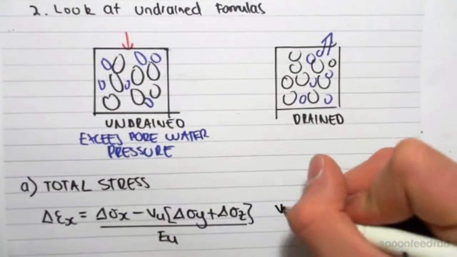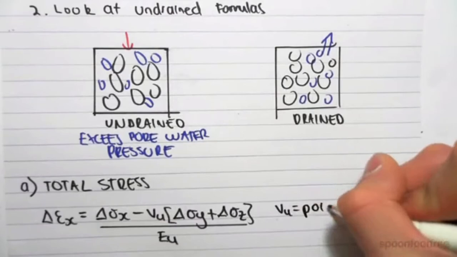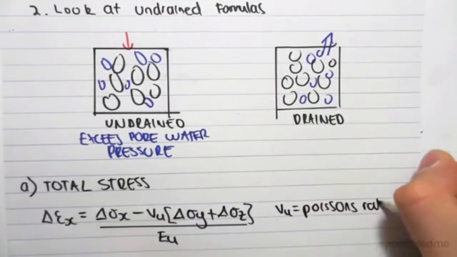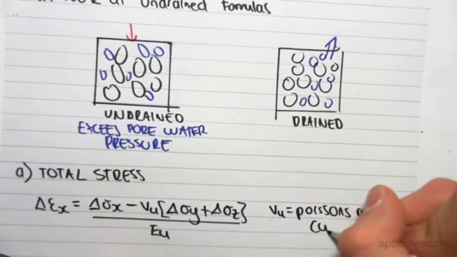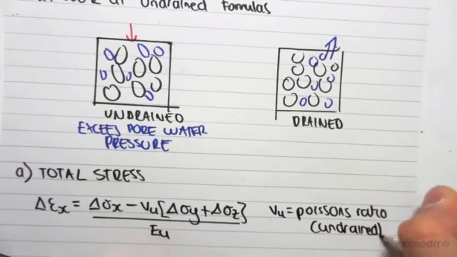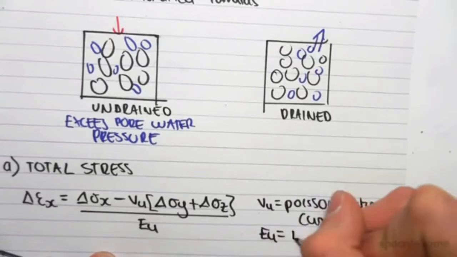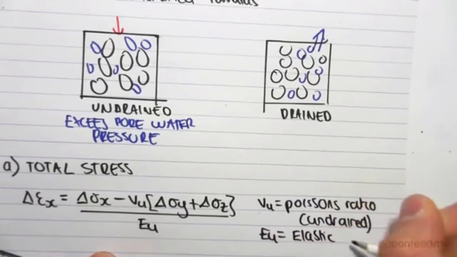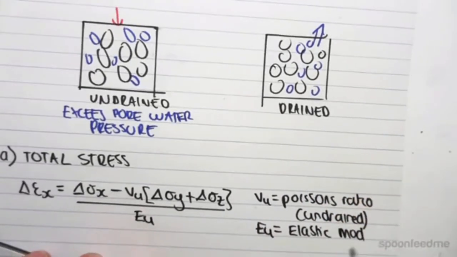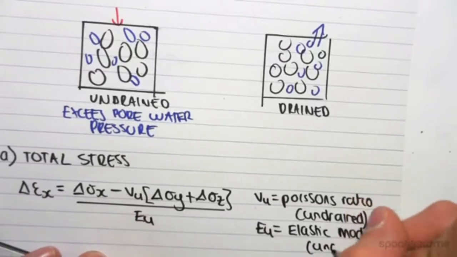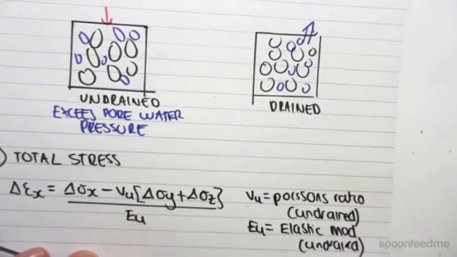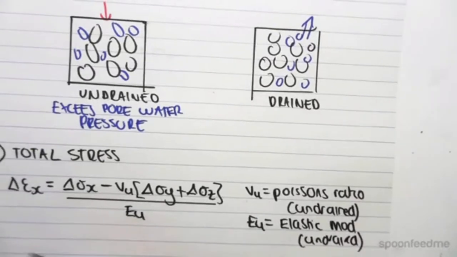So we can say that V_U is Poisson's ratio, and this is undrained, denoted by this subscript U, and E_U is the elastic modulus, which is also for undrained, denoted by E subscript U standing for undrained.